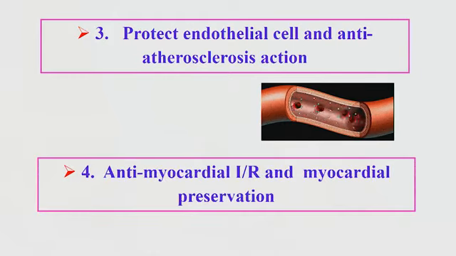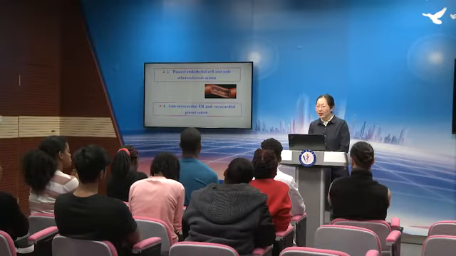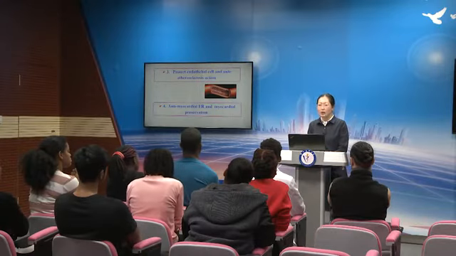And number 4, anti-myocardial ischemic reperfusion injury and myocardial preservation. So for this reason, ACEI is the most important basic drug to treat heart failure and to treat myocardial infarction.